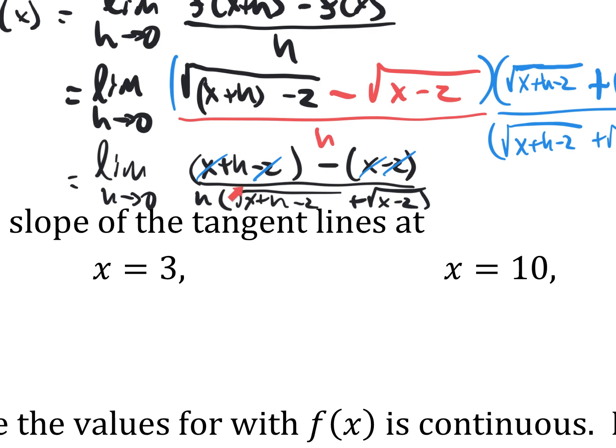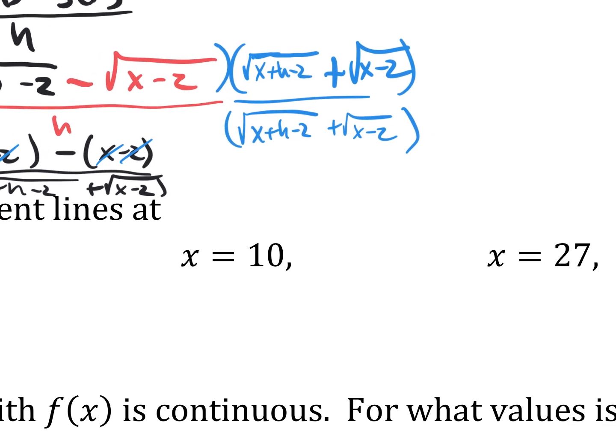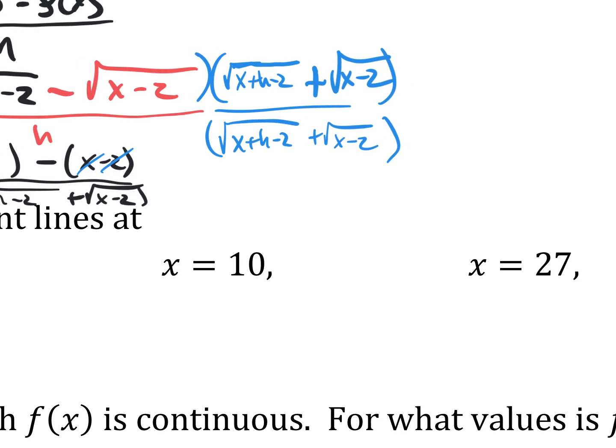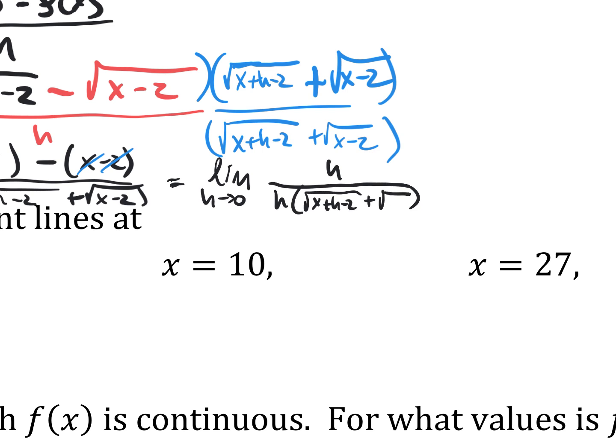So we have h over all of this. Let's go ahead and write that out. So this equals the limit as h goes to 0 of h over h times the big old ugly square root stuff, the square root of x plus h minus 2 plus the square root of x minus 2.